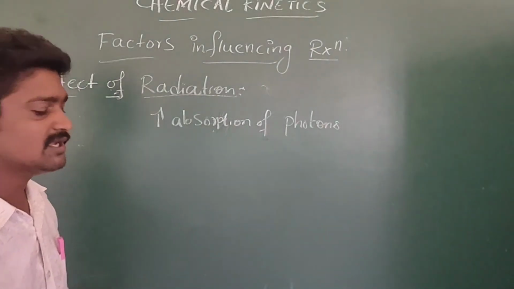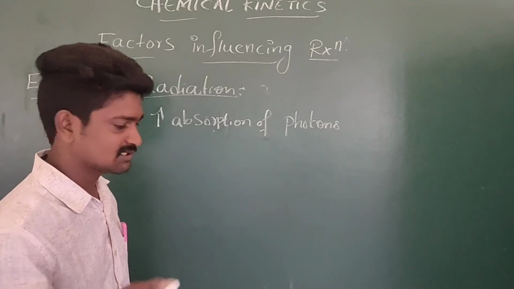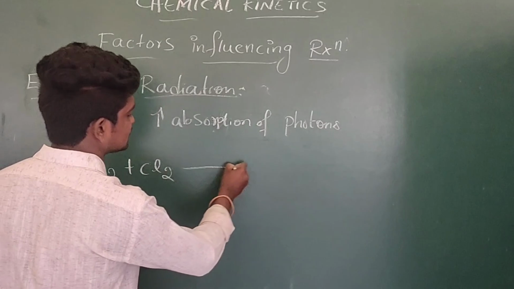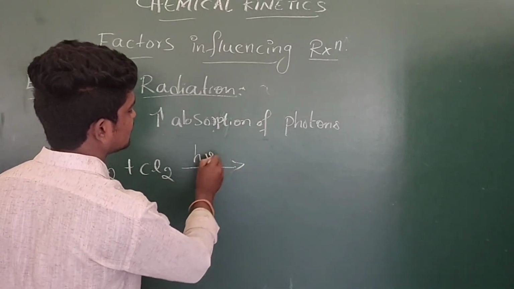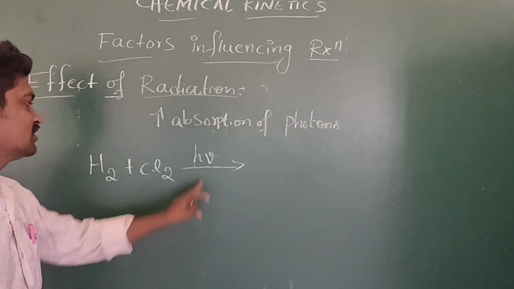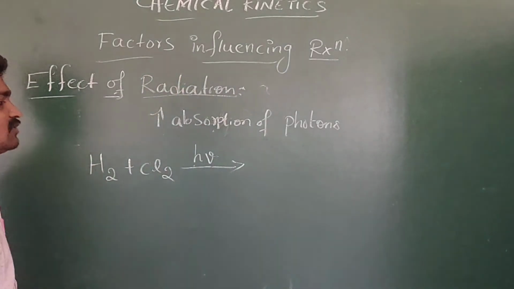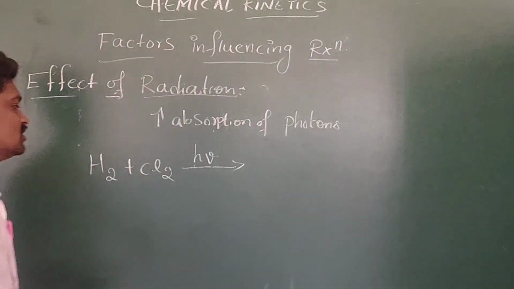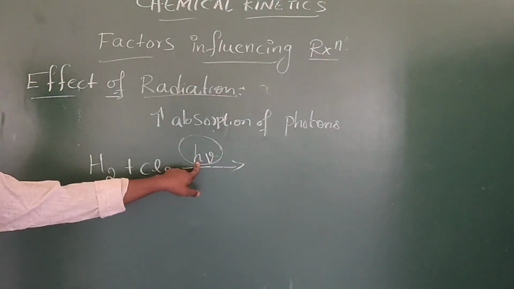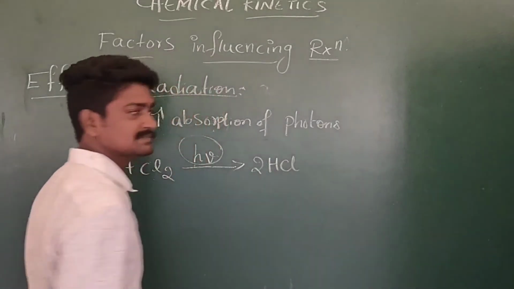Okay, listen carefully. These types of reactions are photochemical reactions. If we take the example H2 plus Cl2 under h nu, where h is Planck's constant and nu is the wave frequency, this is equal to the sunlight. So H2 and Cl2 under sunlight will give 2 HCl.